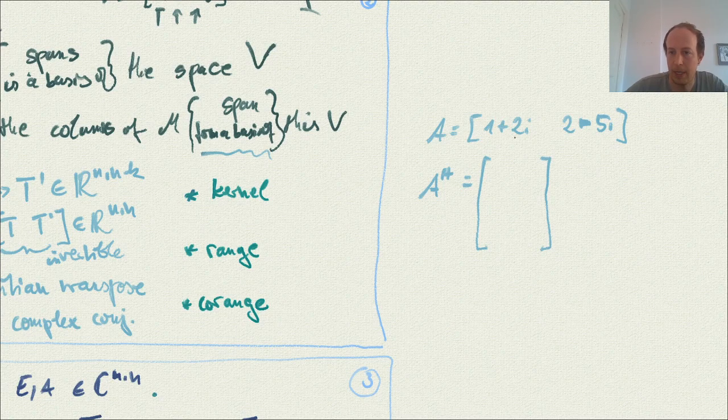And then the complex conjugate is taking the minus out of these, 2 plus 5i. So this will be the complex conjugate.